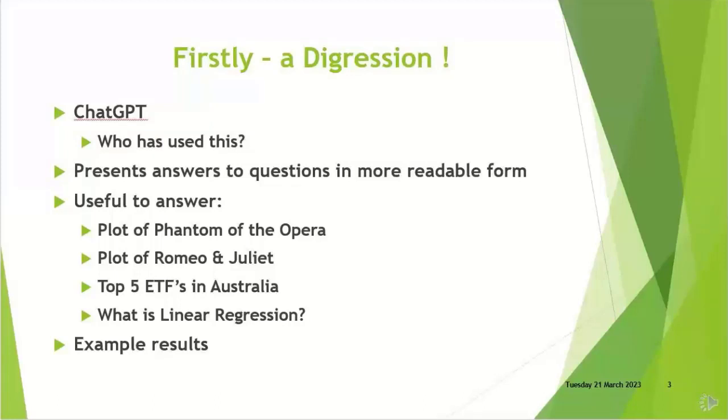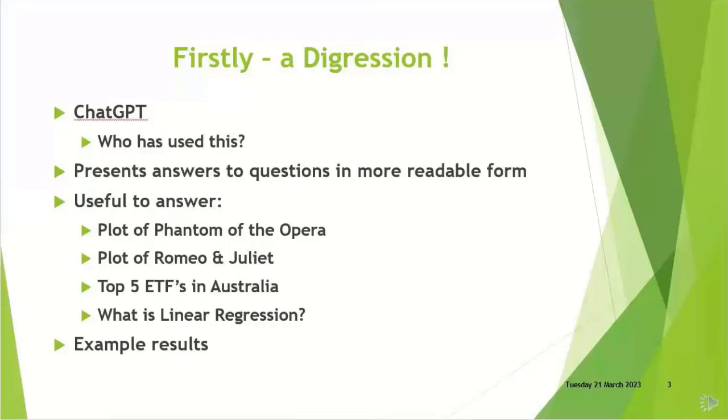And you read that and you say, yeah, well, that's pretty mundane stuff. And I put it to you, though, that this AI stuff, the ChatGPT stuff, is significantly different. I've just got a couple of examples here, and you'll see the last one answers the question, what is linear regression? So I'll just put it into some context.